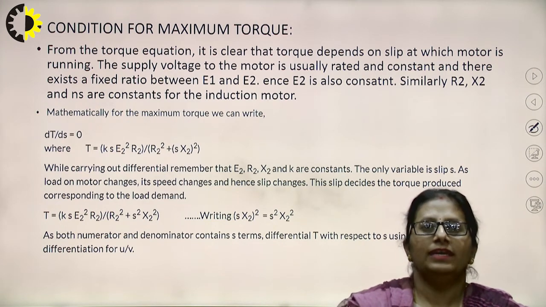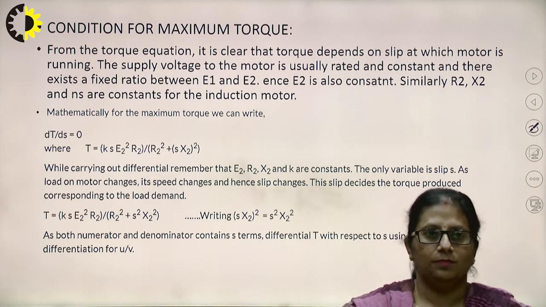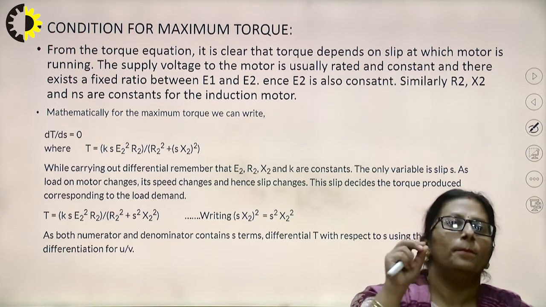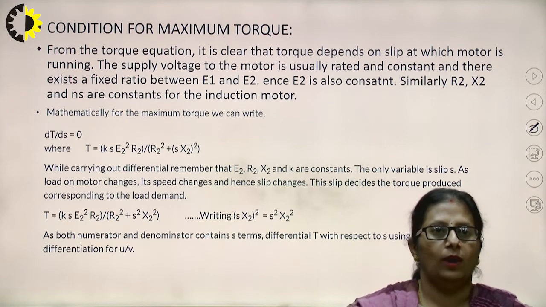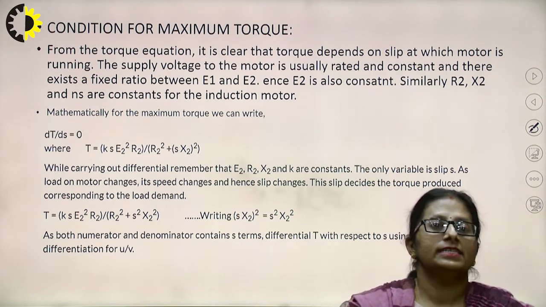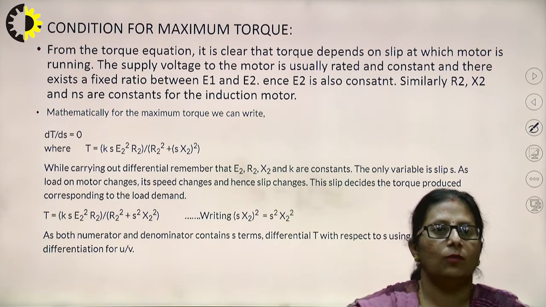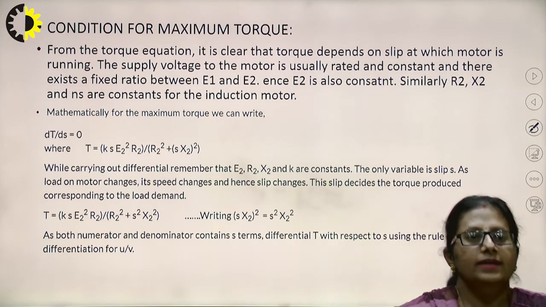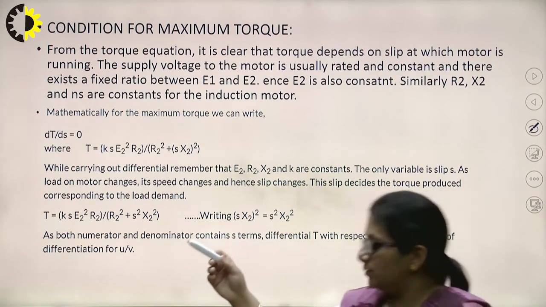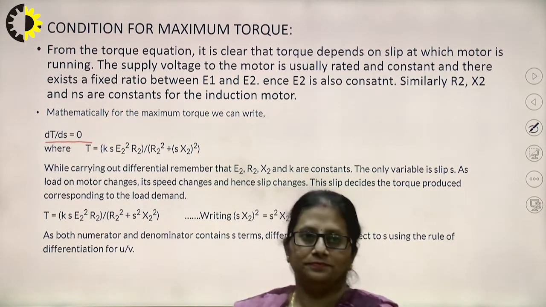Similarly, R2, X2 and NS are also constant for an induction motor once constructed. So, mathematically, for a maximum torque, because the torque is just depending upon the slip, according to the law of maxima, I'll be differentiating the expression for the torque with respect to slip and equating it to 0, right?